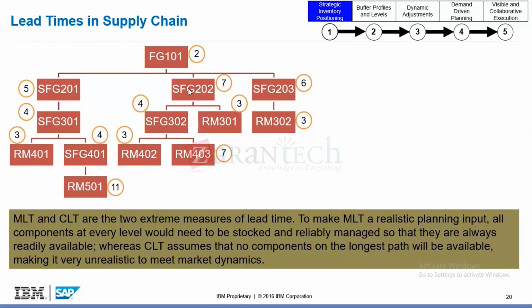This is the point. There should not be any production delay between the operations. As we move along, the material should always be available. At cumulative lead time, we assume that no components on the longest path will be available, making it very unrealistic.